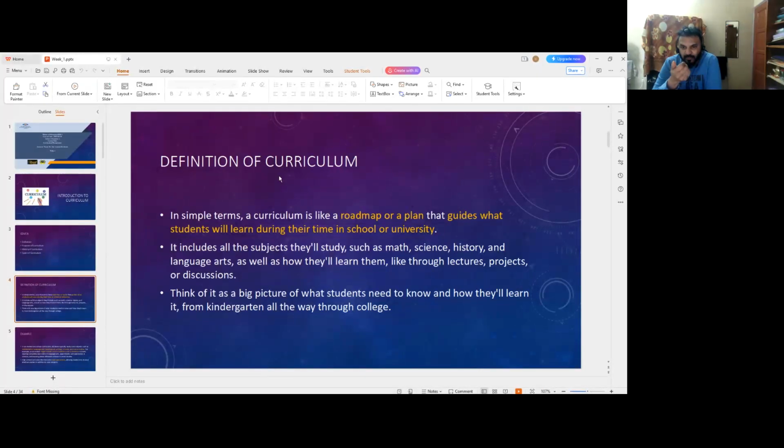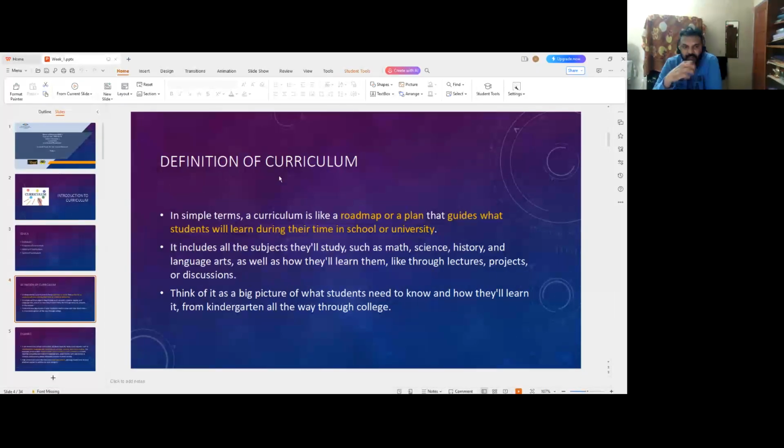It is like a road map or plan which helps the teachers as well as the students with what they should learn during their time in school or university. This is a very specific definition. After reading a few scholars' definitions, I found that this is the best definition, I would say. Remember, map.